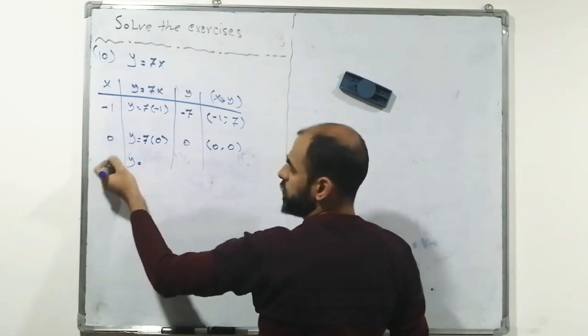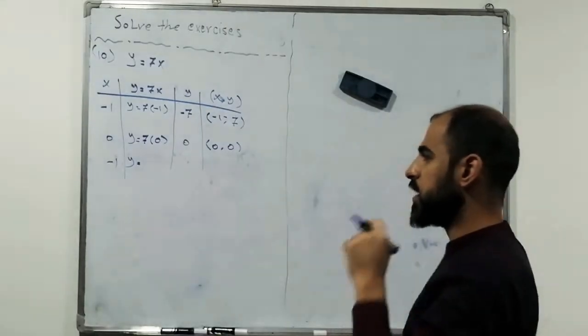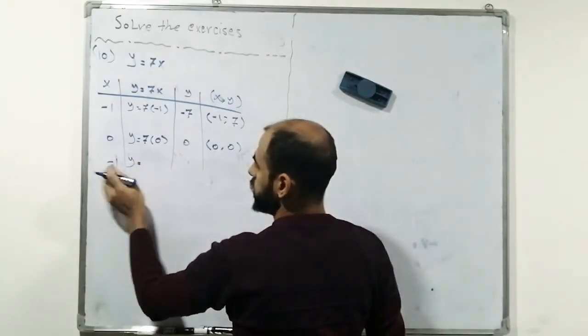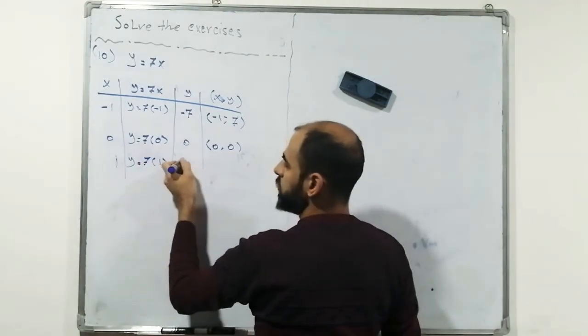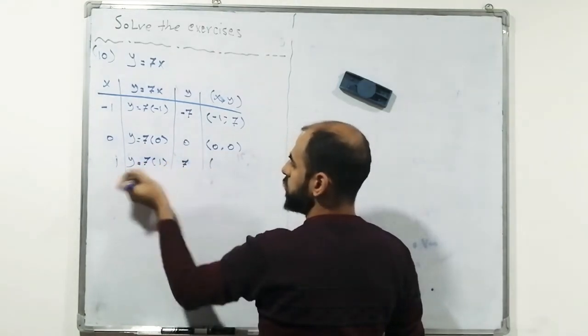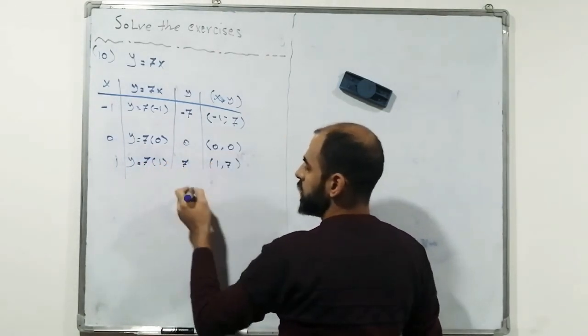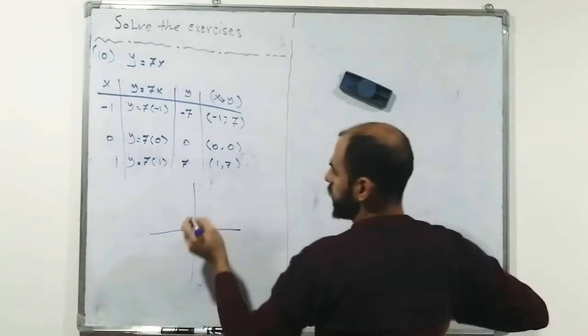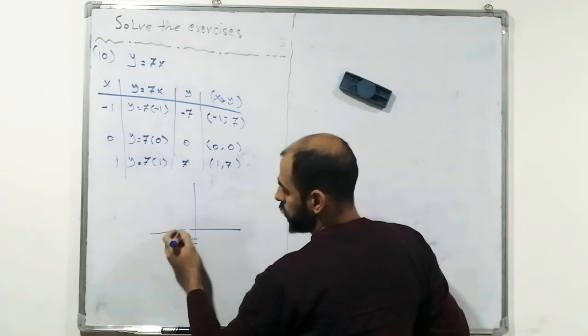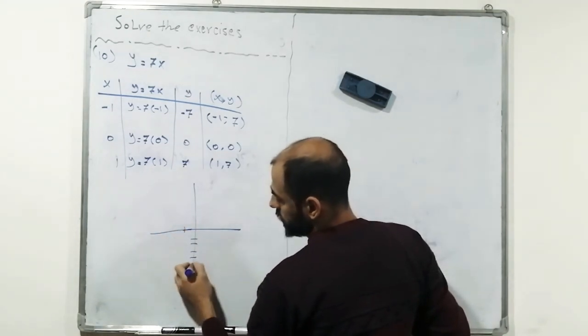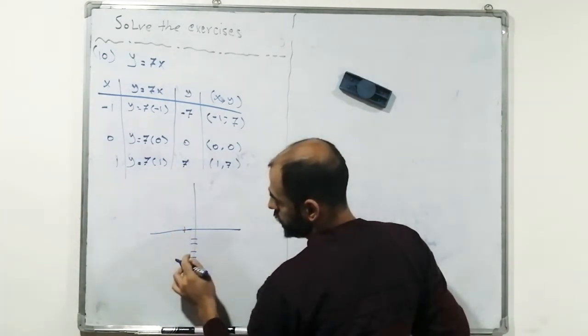The third value of x is 1. 7 by 1 equals 7. So the third ordered pair is (1, 7). Now determine these ordered pairs. (-1, -7): we go one step to the left and 7 steps downward.